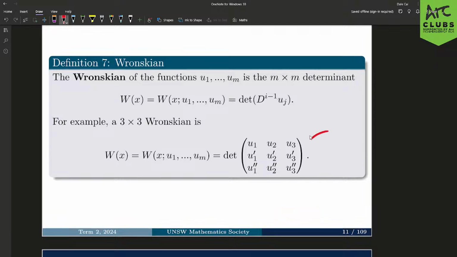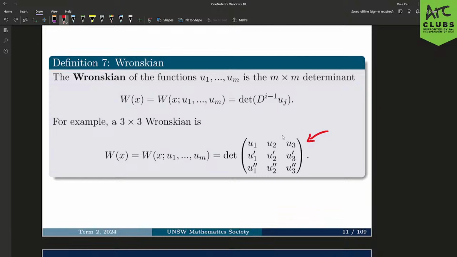But it's probably just easier to look at it like this. In the first column you have all the u1's, and then you take the derivative as you go down. And second column you have the u2's, third column you have the u3's. Of course, this is just in the 3x3 case. You can define it for any other number of functions.